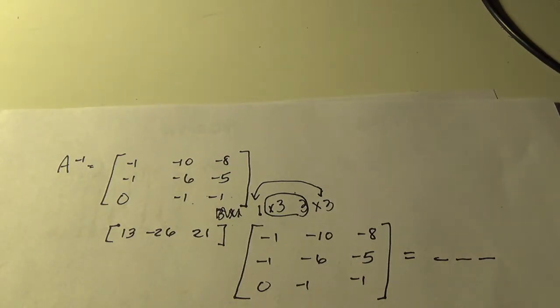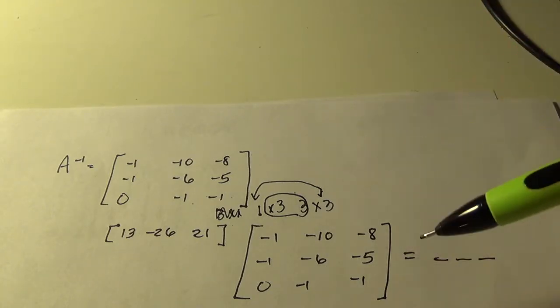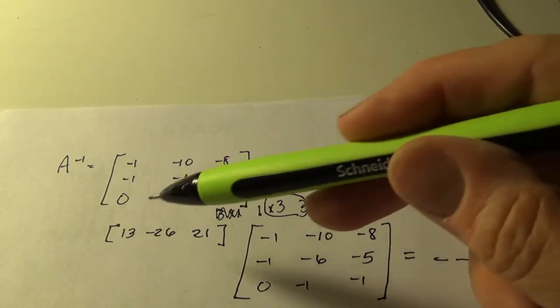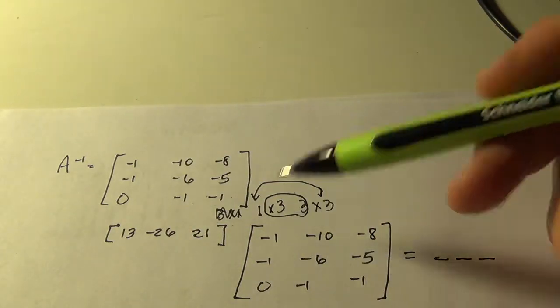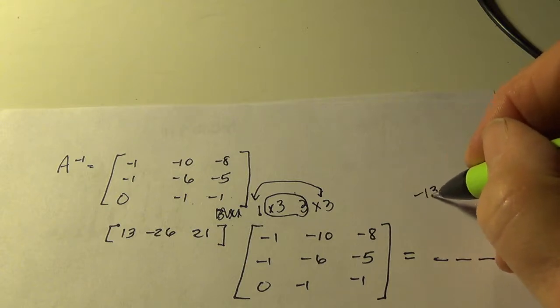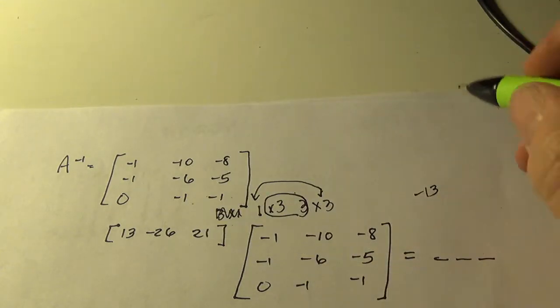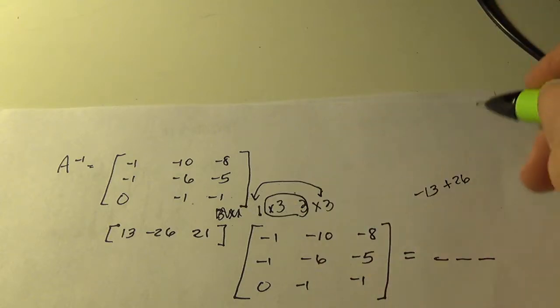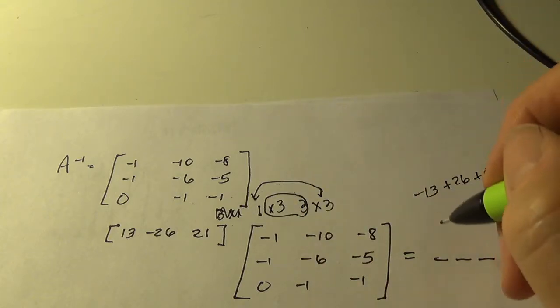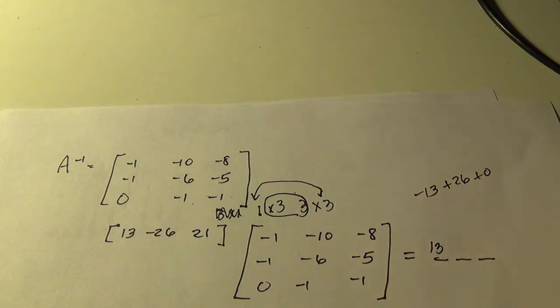When I did that, I got, let me find my work, 13, -26. Remember this is first row, first column, so we use this row and this column: 13 times -1, -26 times -1, and 21 times 0. That gives me a 13 for that spot.